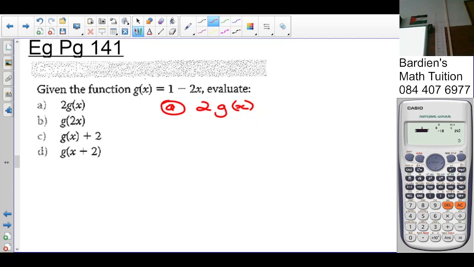Alright, so what is g of x? 1 minus 2x. So this will simply be 2 times 1 minus 2x, which is 2 minus 4x. You guys get that?